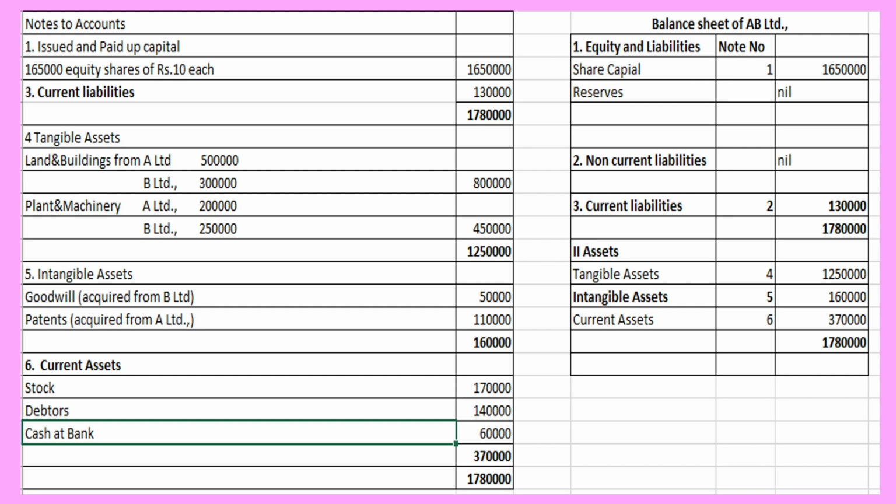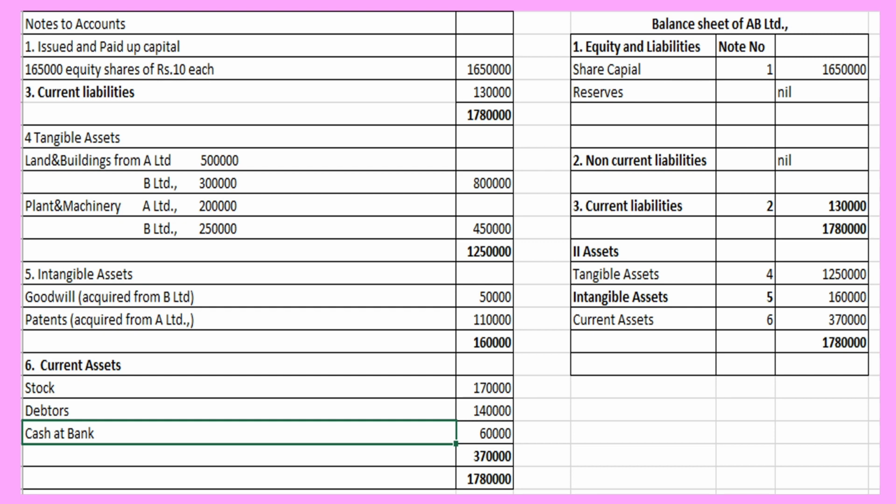But that amount is not sufficient because the total consideration is 16 lakh 50,000. So the 1.5 lakhs they will utilize from the reserves and surplus accounts of A and B Limited, the existing companies. In that way, the entire amount of reserves and surplus has been utilized for settlement of the purchase consideration, so that amount is nil in the new balance sheet.